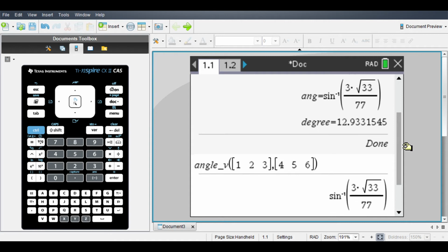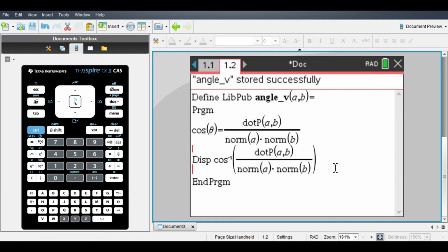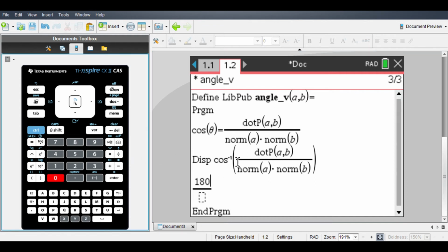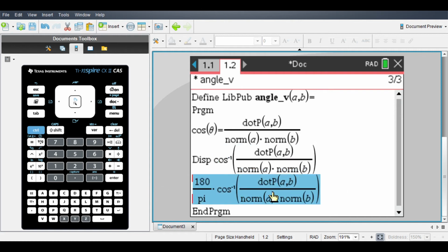Because it is really common for a question in the exam to ask for the angle in degrees instead of radians, and that's what we'll do. So remember, to convert an angle in radian to degrees, we would multiply it by 180 over pi. So if we do that, then this thing is going to be in degrees.